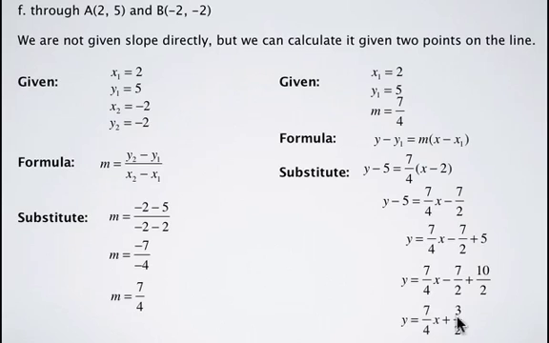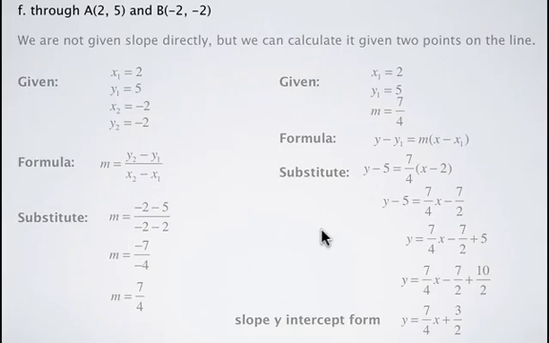And when we add that, we get y equals 7 over 4x plus 3 over 2. So our y-intercept is 3 over 2, which is 1.5. And our slope is 7 over 4. And this is in slope y-intercept form.